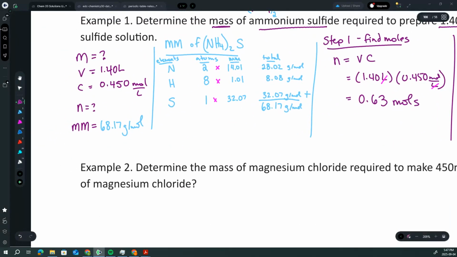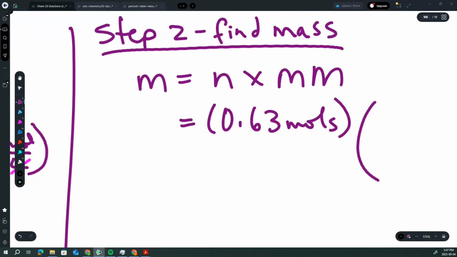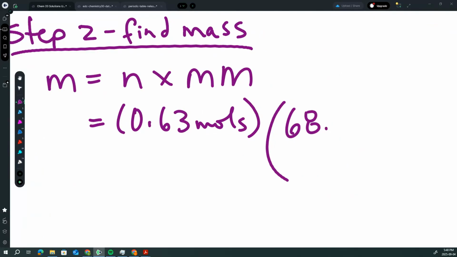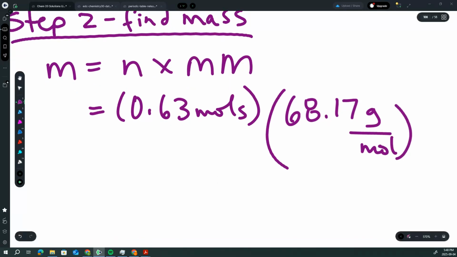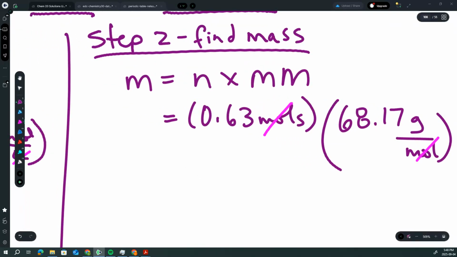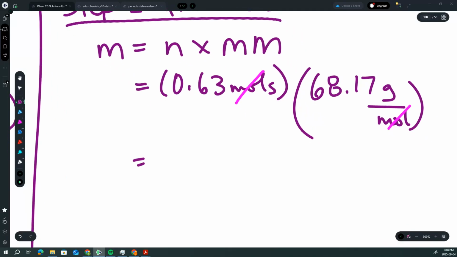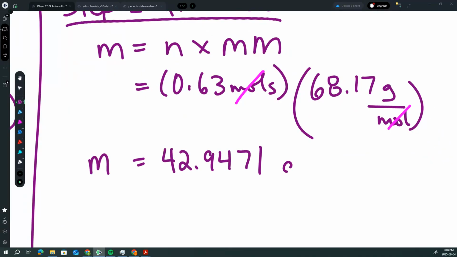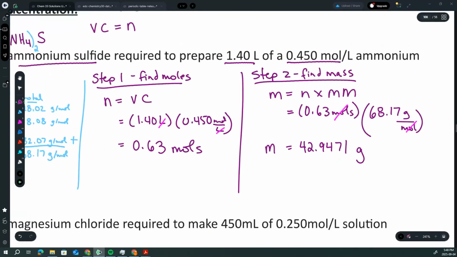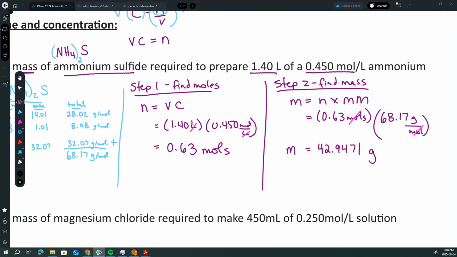And then molar mass, that was 68.17 grams per mole. So as you can see, moles is in the top and the bottom, so they cancel out. And when I multiply these two numbers together, what I'm going to get is 42.9471 grams.